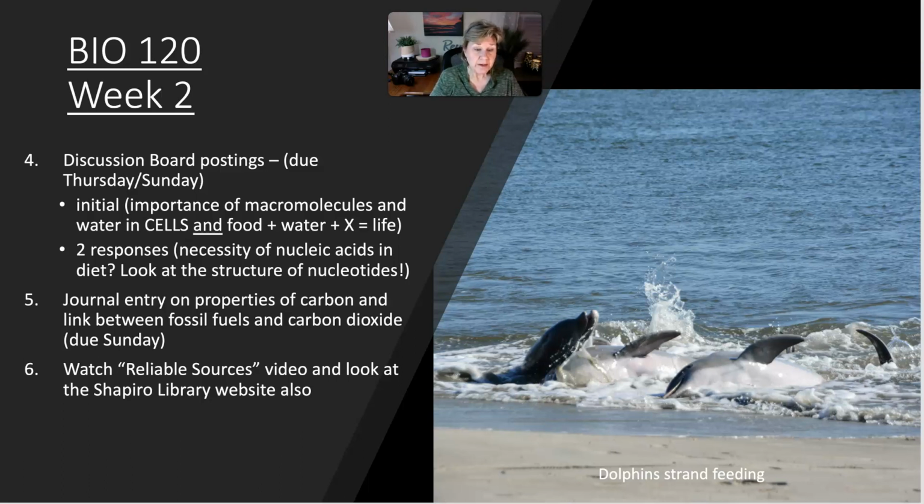Okay, so you're going to look at the properties of carbon and the link between fossil fuels and carbon dioxide, and the fact that this is causing global warming because the excessive carbon dioxide in the atmosphere is holding in heat and causing all kinds of problems, also ocean acidification, things like that.